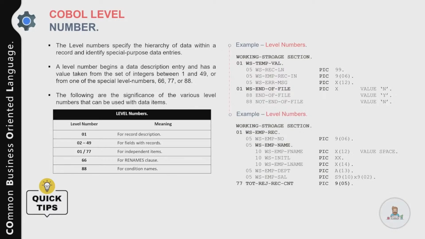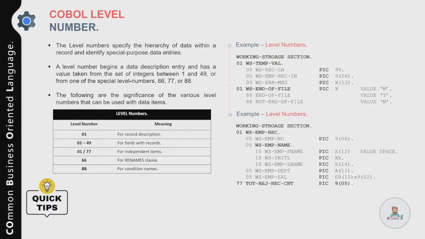So if you notice the last variable, that is at level 77, which is used for defining an individual or independent item. So that is total-rejected-record-count. And remember, level 77 is only used for independent items. You cannot use level 77 for group variables, right?